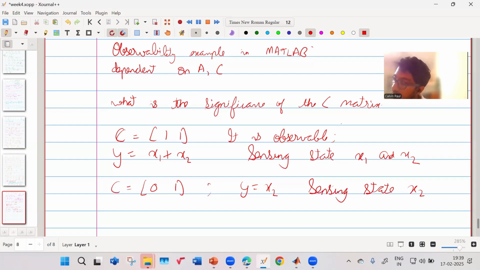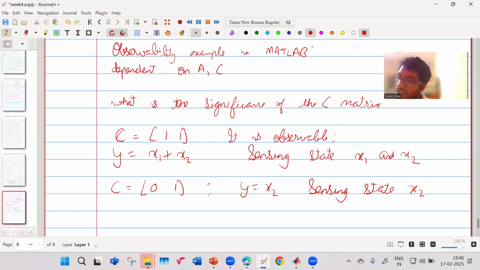What does that mean? When I'm sensing only state x2, that could be some voltage, that could be some temperature, that could be certain velocity, it could be certain distance, it could be the displacement, etc. That I am only sensing that particular signal or that particular state. I can estimate what is the values of the other states if I am observing both the output and the input.